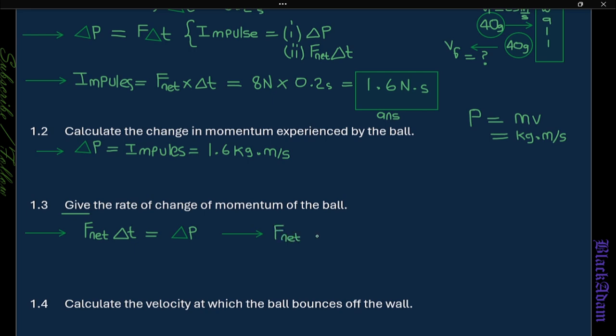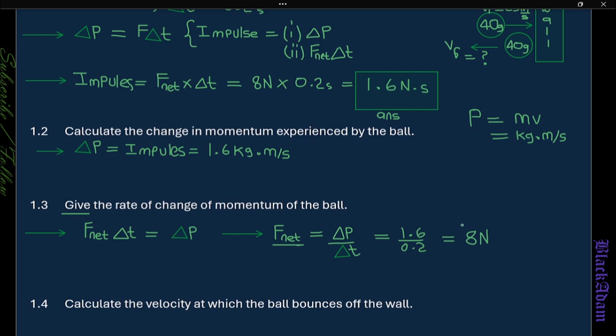So net force, the rate of change of momentum, means we divide by the change in time. That's 1.3. Let's find it: 1.6 divided by the change in time 0.2 gives us 8. So the rate of change in momentum is the net force.